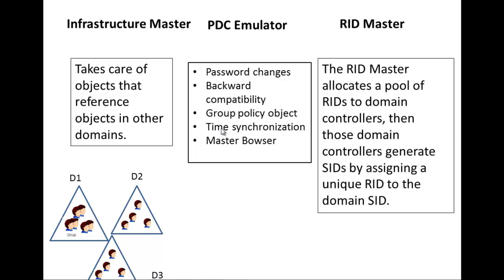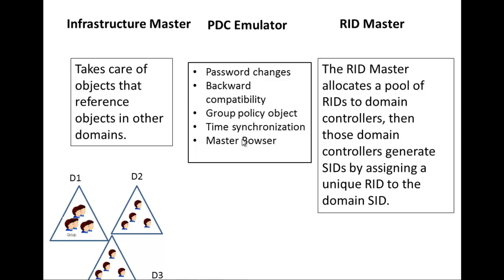The PDC emulator also deals with time synchronization. Every PDC emulator in each domain must synchronize its time with the forest root PDC emulator. This is a critical service in Active Directory. If we're going to have things like replication services functioning correctly, we need time synchronization.